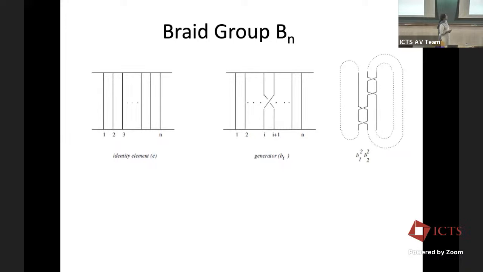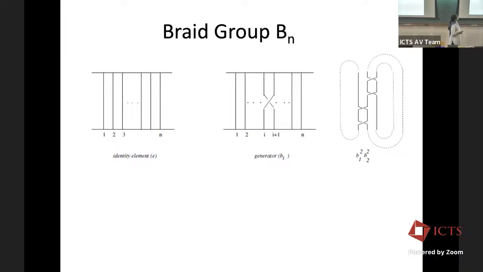If you do a clockwise exchange followed by an anti-clockwise one, it gives you back the identity element. You can use these generators to make arbitrary words. For example, here between 1 and 2 I've done two such overcrossings, which I'm calling B1 squared, and between 2 and 3 it is two such crossings, B2 squared.